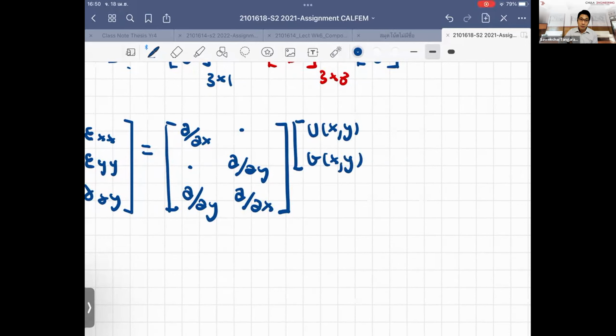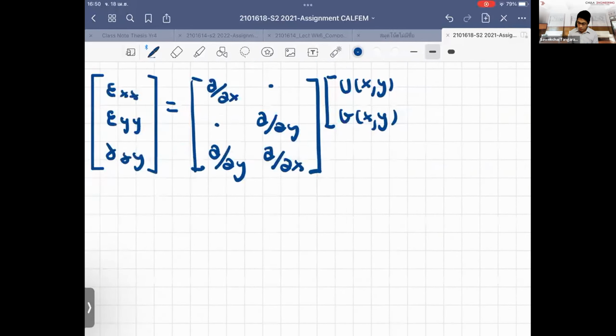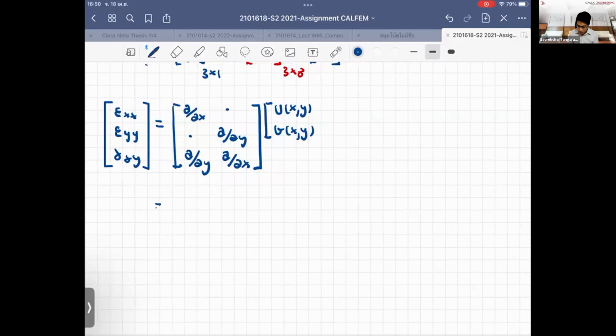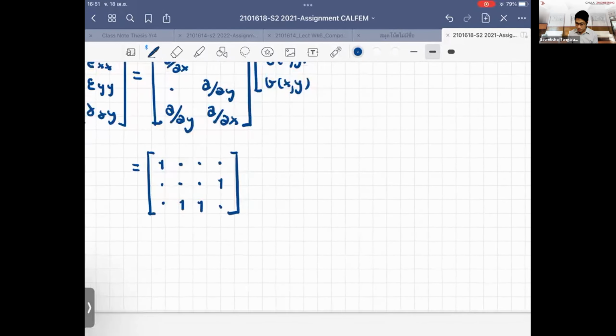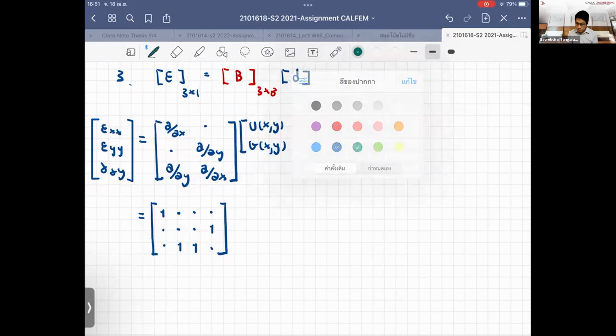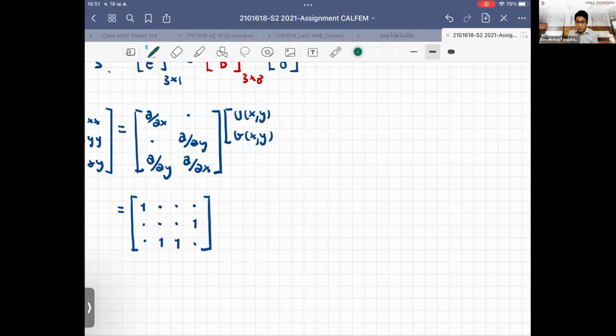Based on this diagram, I can simply write them in this form here. I'm not sure I have enough space.